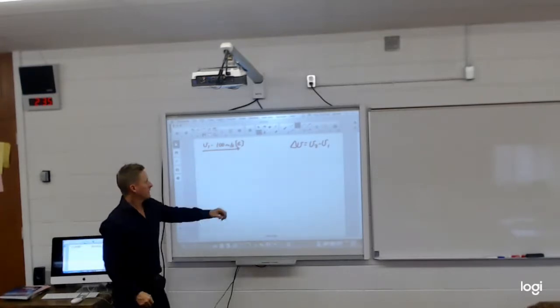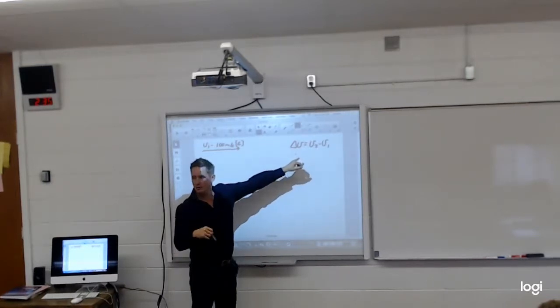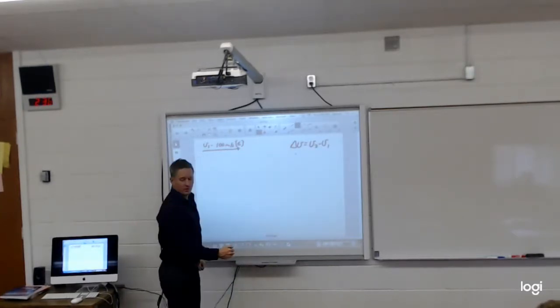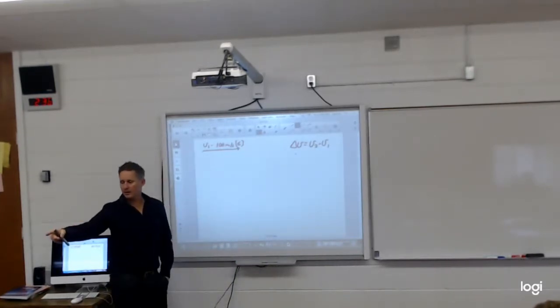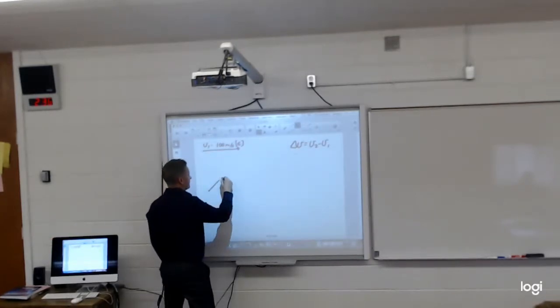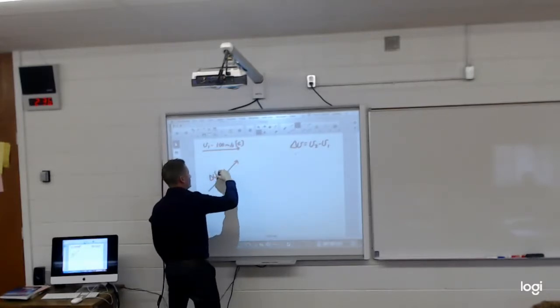So then it's giving me that right there, correct? Its change in velocity is 30 meters per second, and then it gives me a vector, and it gives you the angle: east 30 degrees north. That's that guy right there. That's my change in velocity.